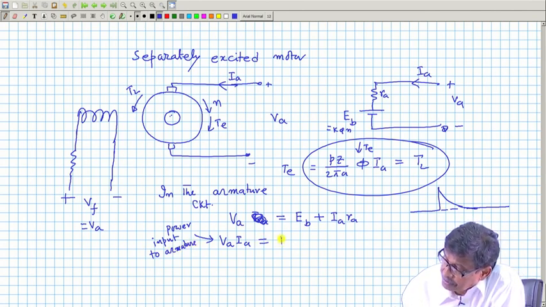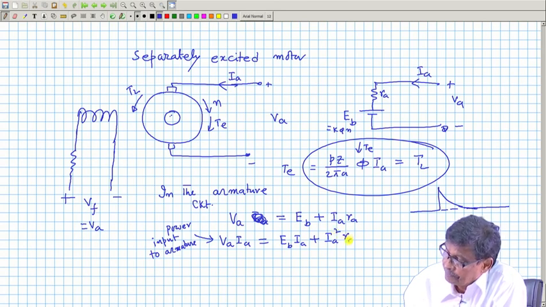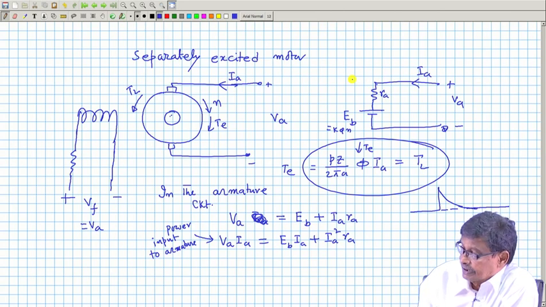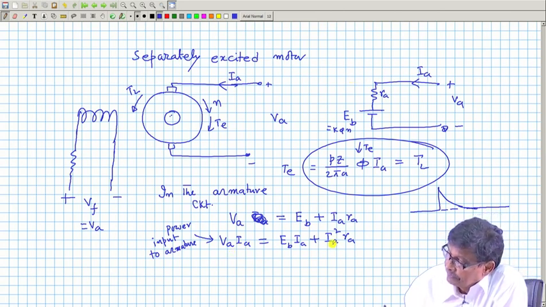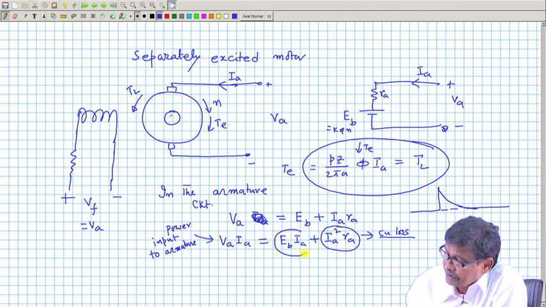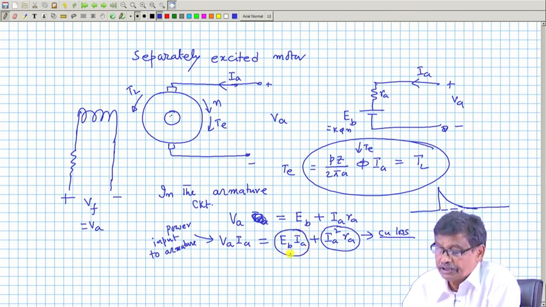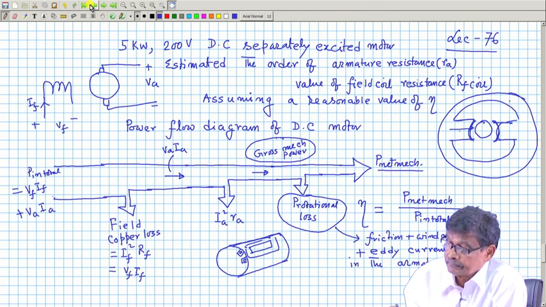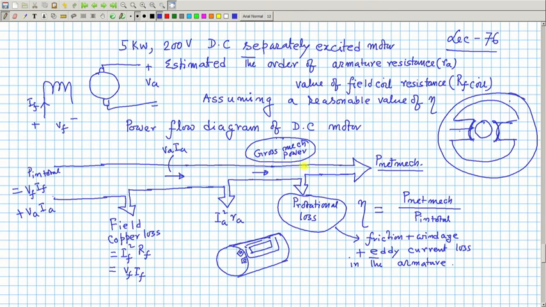And that becomes equal to Eb Ia plus Ia square Ra. Very nice. It tells you that of the total power input to the armature, a portion is lost as copper loss, and the rest must be equal to the gross mechanical power developed.